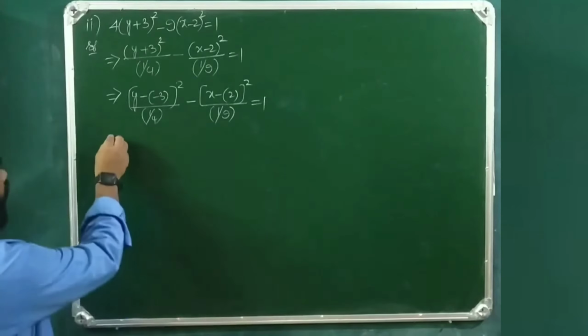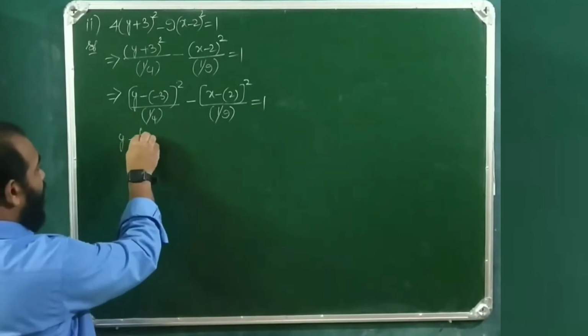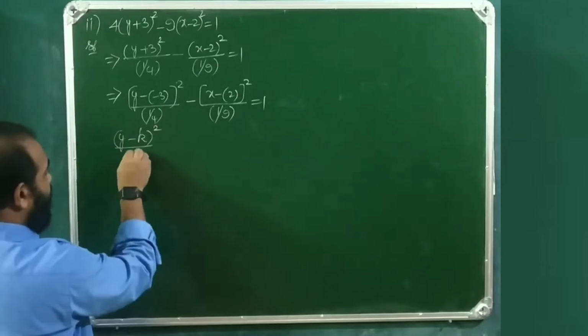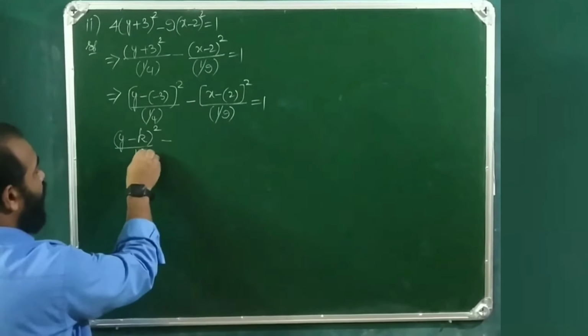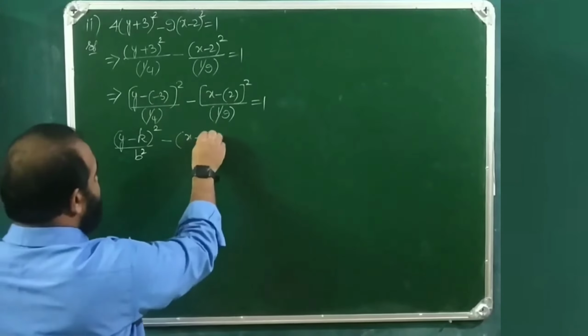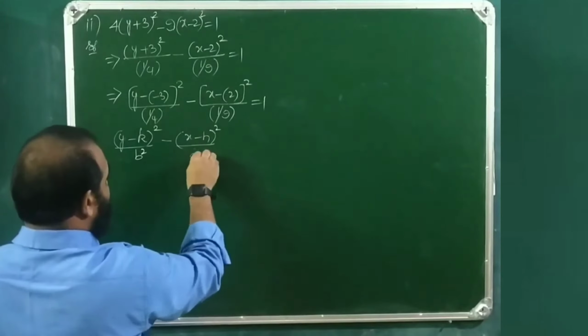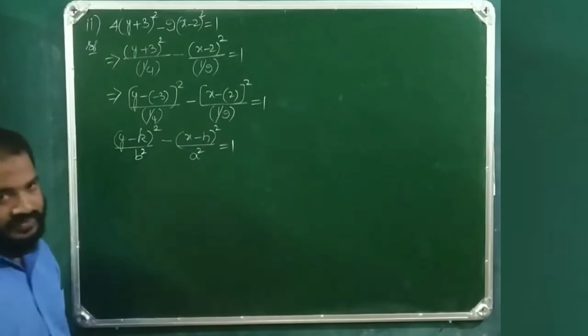So this is of the form y minus k whole square by b square minus x minus h whole square by a square is equal to 1.